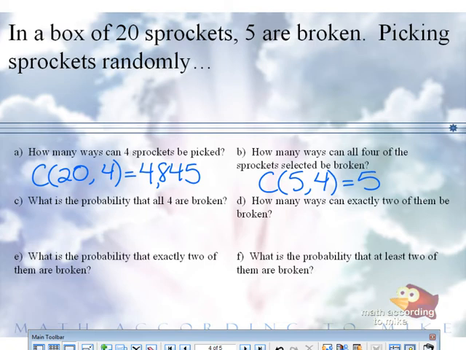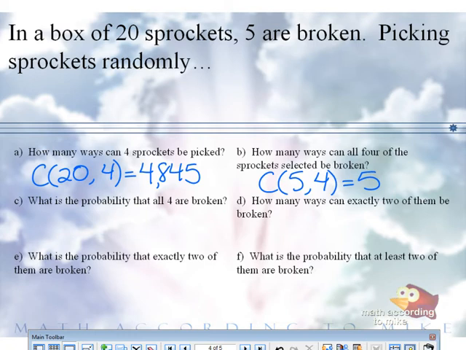Part C, what is the probability that all 4 are broken? Well, probability is part over whole. The numerator will represent the total number of ways that all 4 are broken, which is 5.